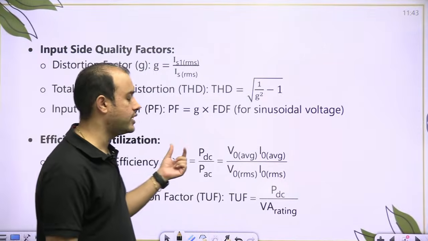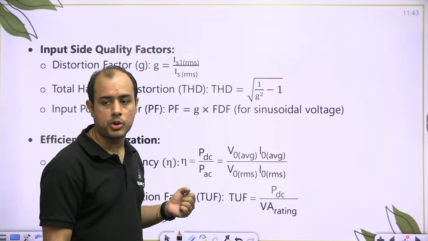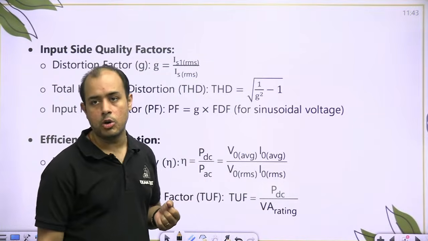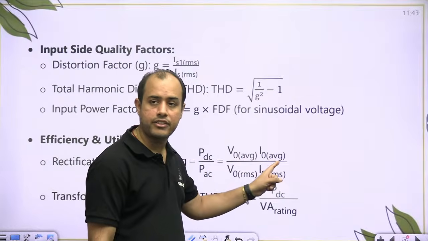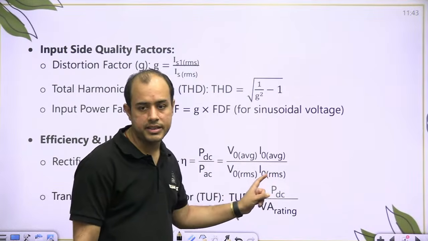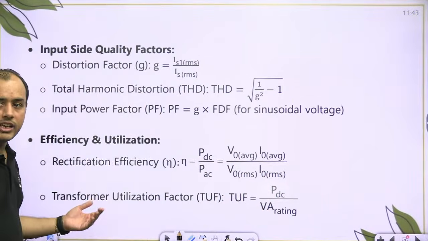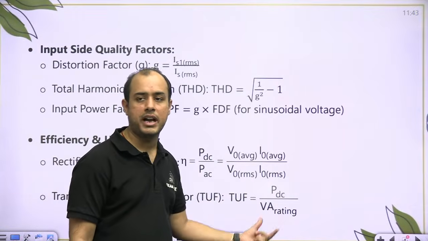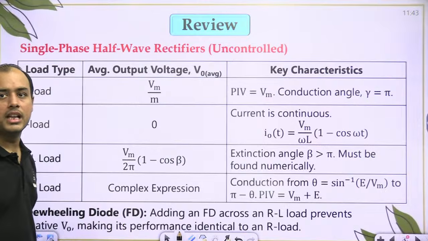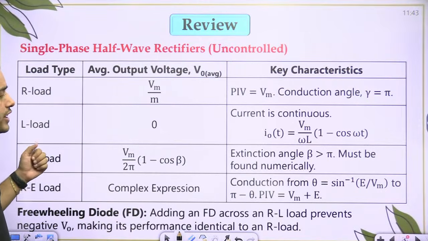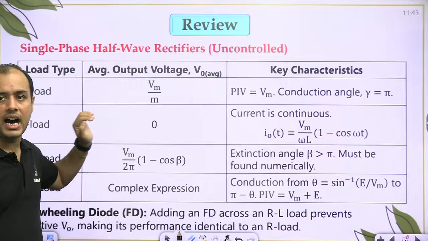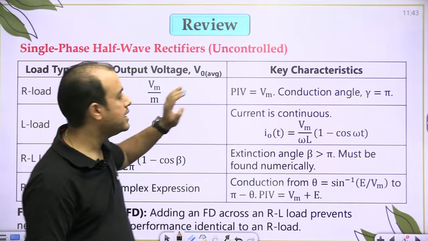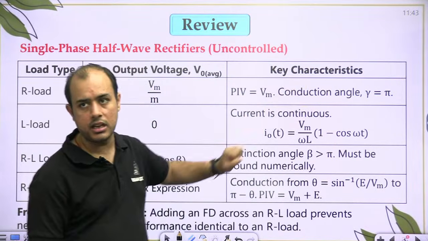Rectification efficiency is the contribution of the DC component by the total output power: V average I average upon V naught RMS I naught RMS. TUF is the DC output power V average I average by VA rating. Now, for single phase half wave uncontrolled rectifier for R load, average is Vm by pi, PIV Vm, conduction angle pi.